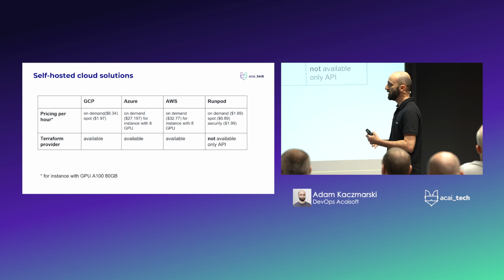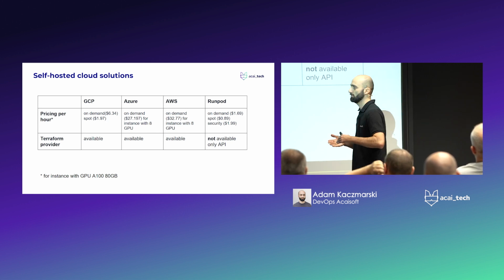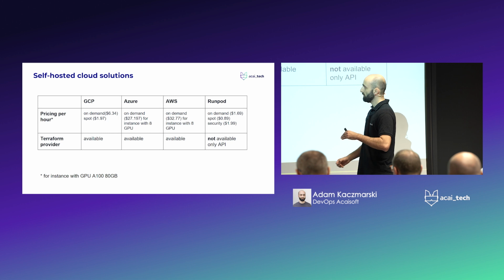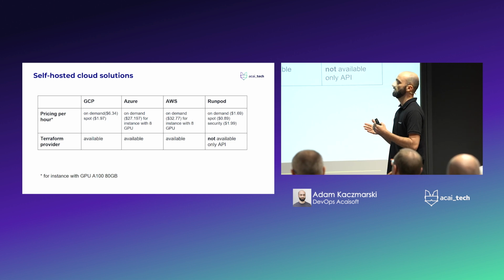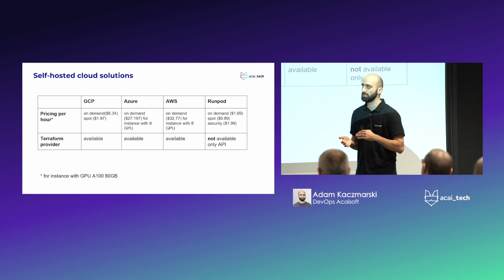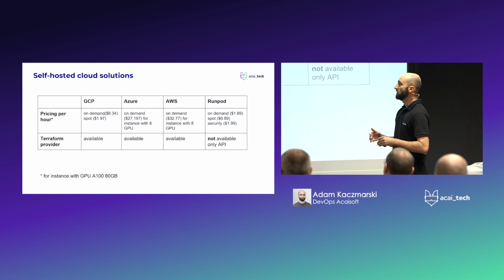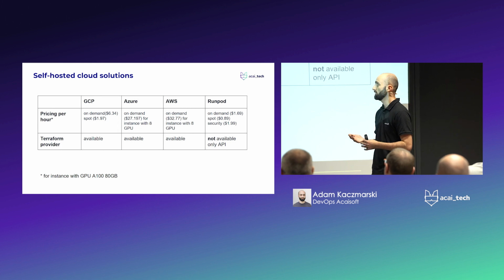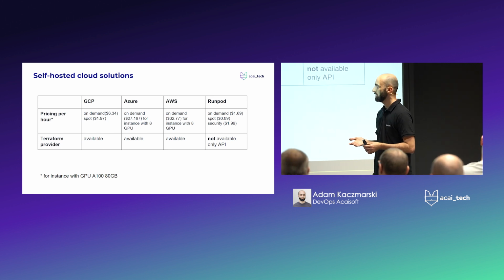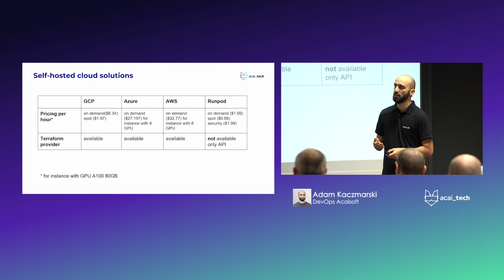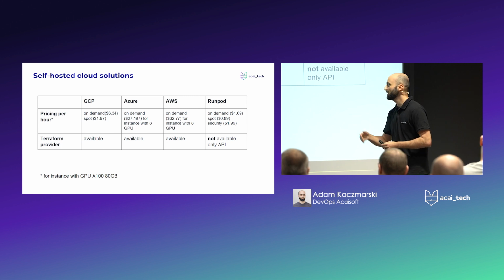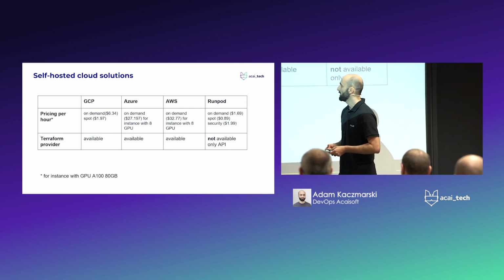When we use the A100, because this is the most common GPU for LLMs, as you see, on GCP the instance costs more than $6 per hour, and for Azure and AWS more than $27. Of course, for Azure and AWS we have instances with 8 GPUs, but we cannot scale this down to 1 GPU. That's why I presented that price here.